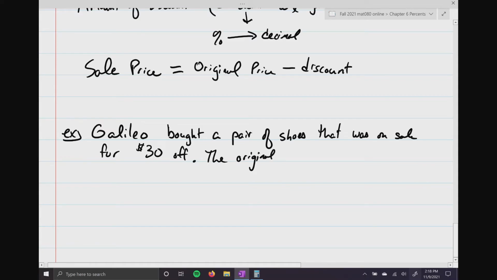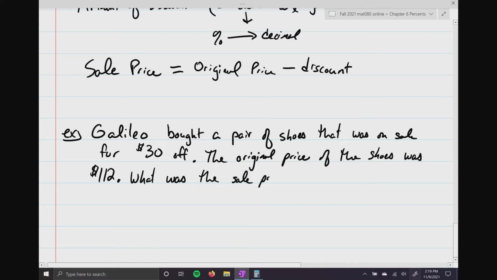The original price of the shoes was $112. What was the sale price of the shoes, okay?